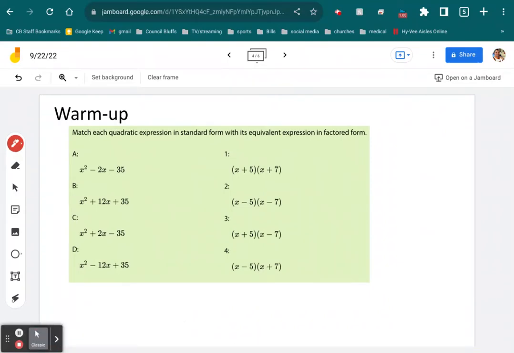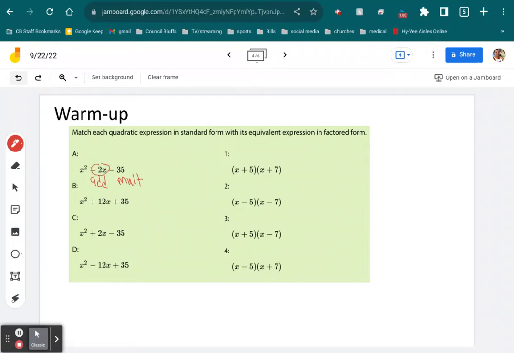So if we take a look at that, let's start with A here. Okay, so again, we are going to factor this. So we are looking for two numbers that add up to -2 and multiply to -35. Because my product is negative, I'm going to need one positive and one negative.